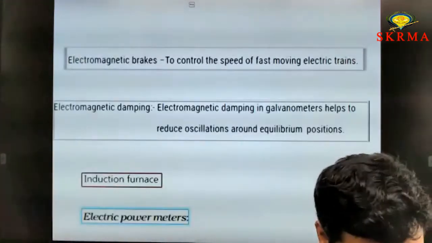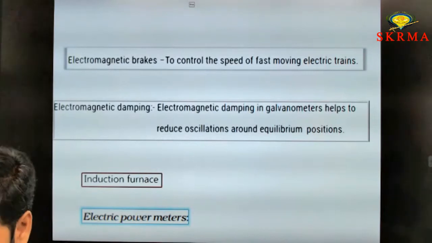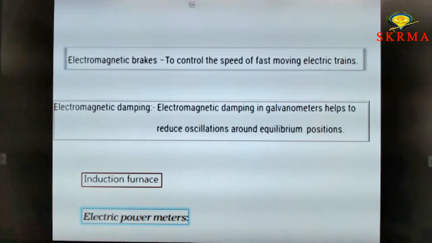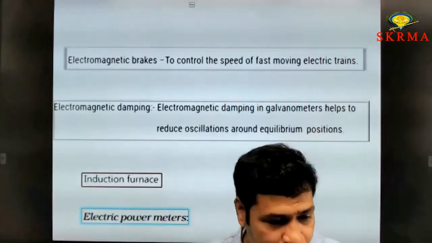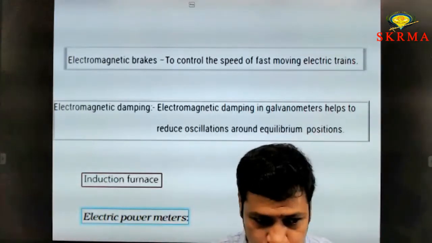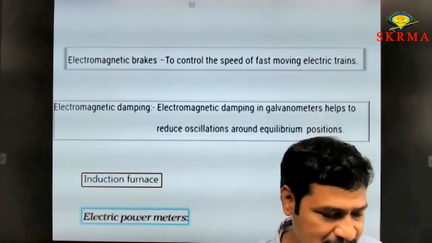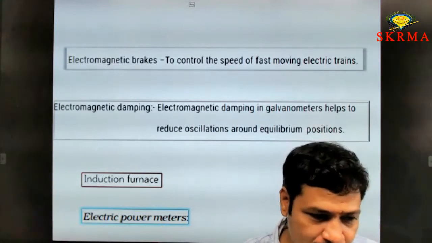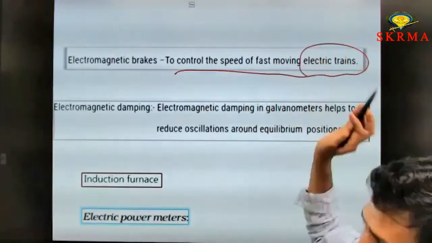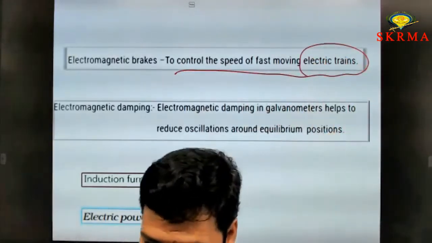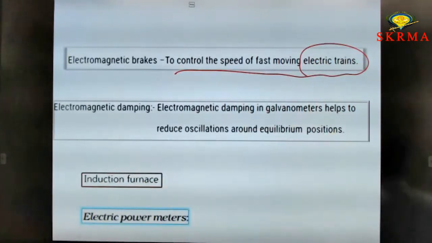What are the basic applications of eddy currents? There are 4 important applications. The first one is electromagnetic braking. In electromagnetic trains or fast moving bullet trains, the brakes are applied by magnetic induction. To control the speed of fast moving electrical trains, the wheels are prepared with some conducting material like copper.